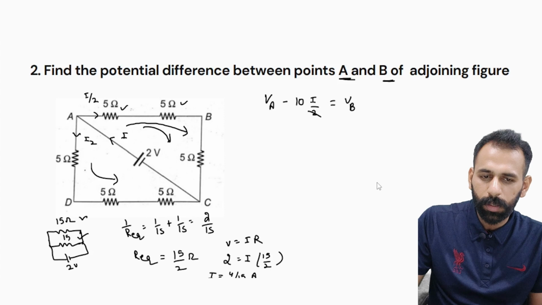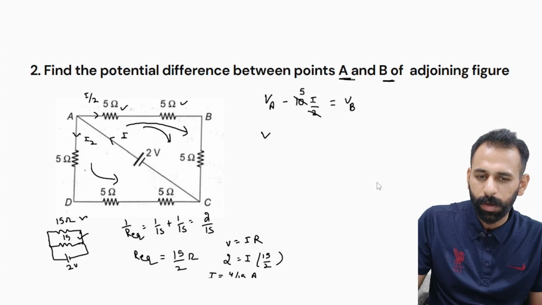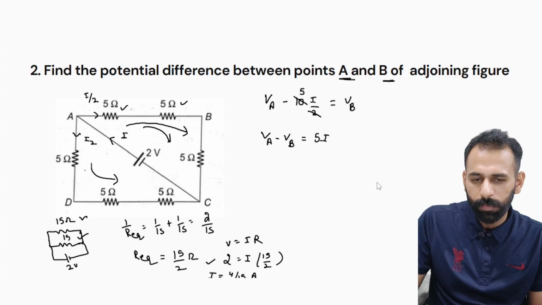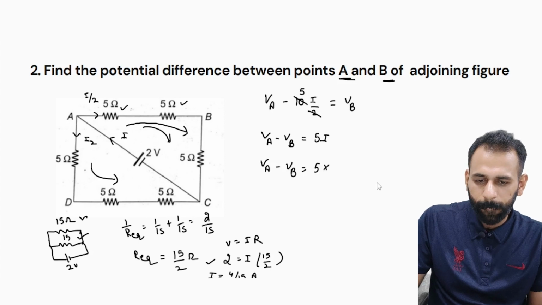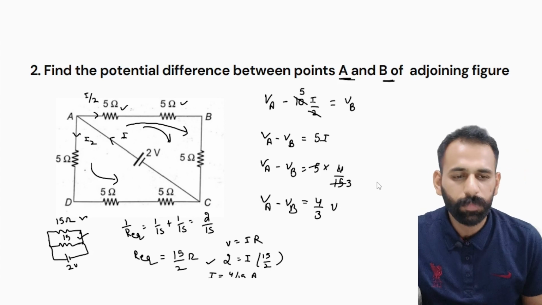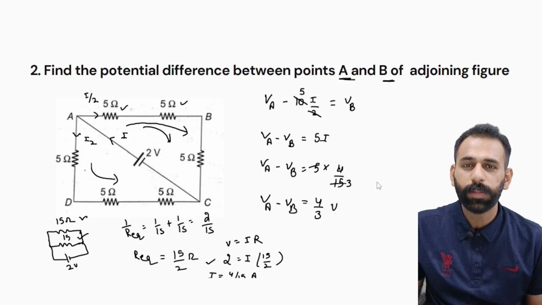So this will be 5I, and so VA minus VB is equal to 5I. Put the value of I, that will be VA minus VB is equal to 5 into, what is I here? That is 4 by 15. So you will get 4 by 3 volt. So your answer is the potential difference between the terminals A and B is 4 by 3 volt. And this is the final answer.